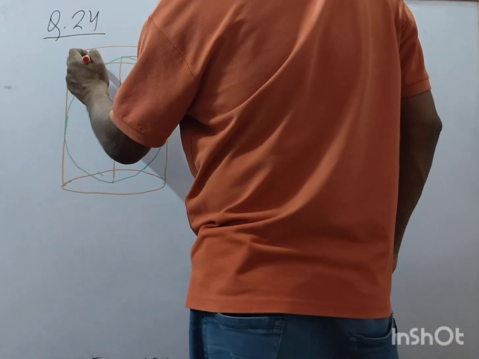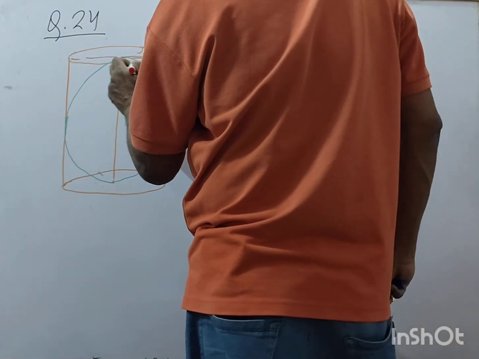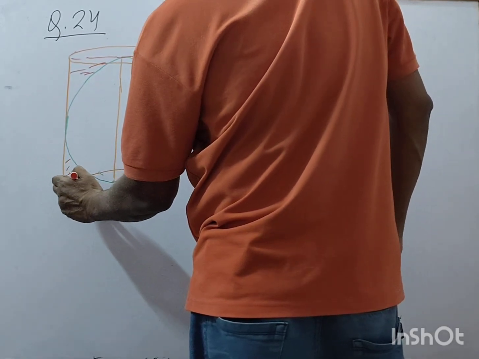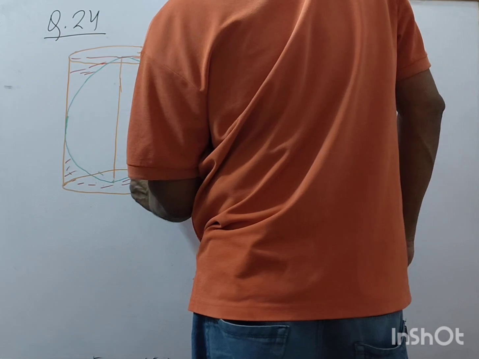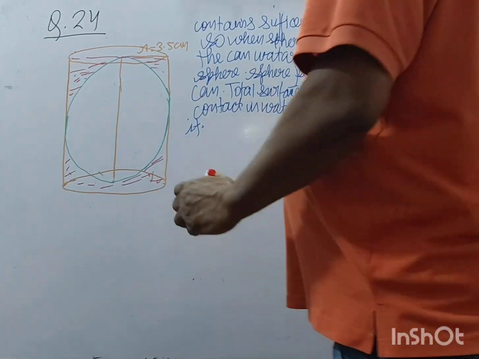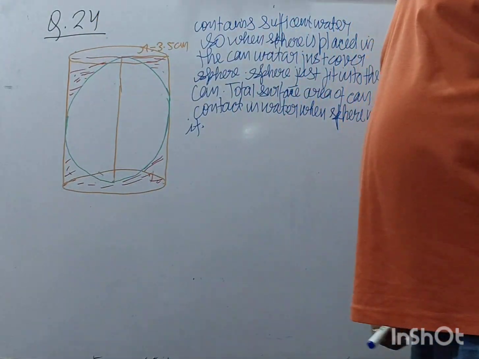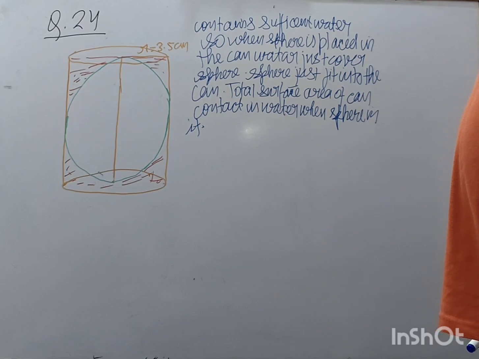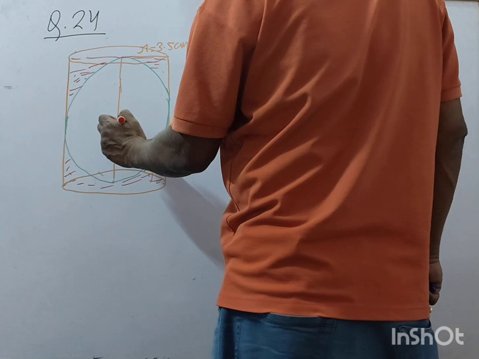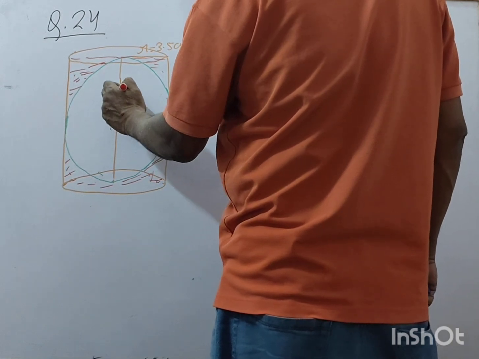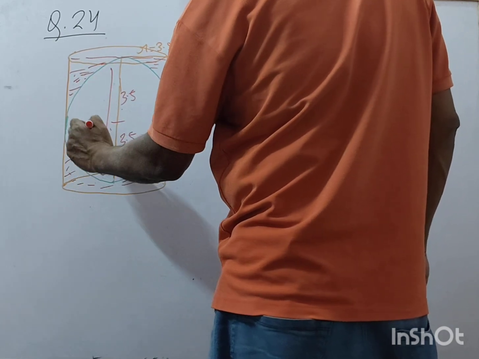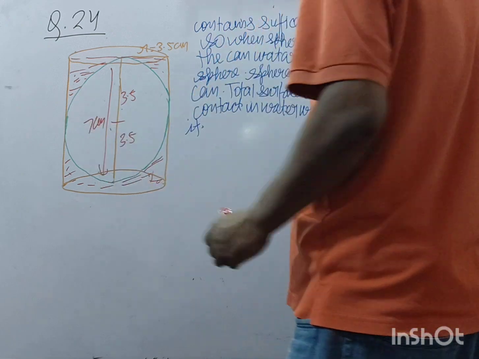Right? So what is the height of the cylinder? If we assume its height is 3.5 into 2 becomes 7 centimeter, right?